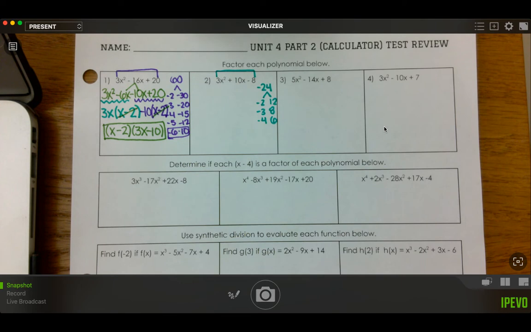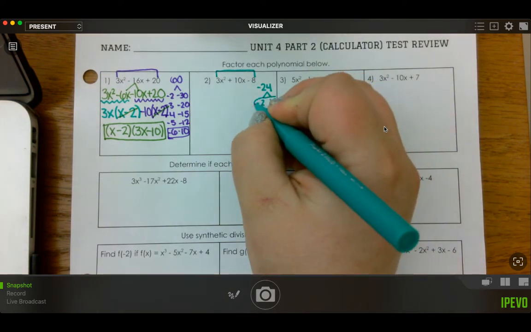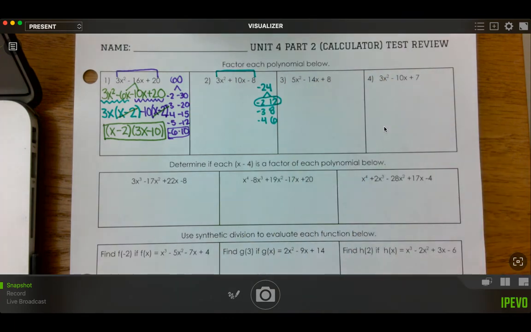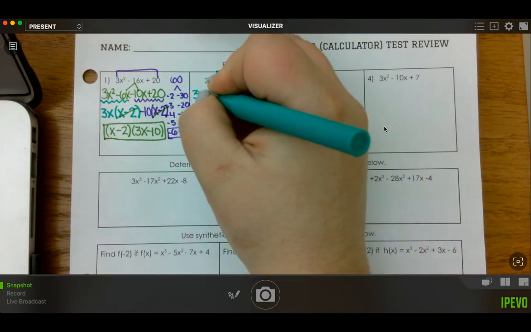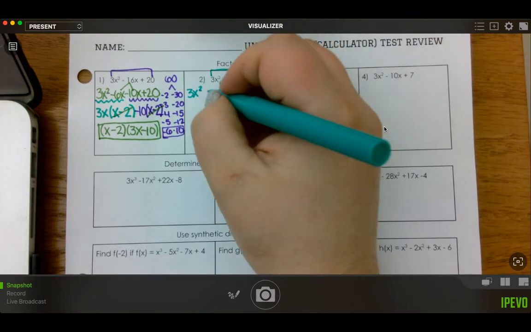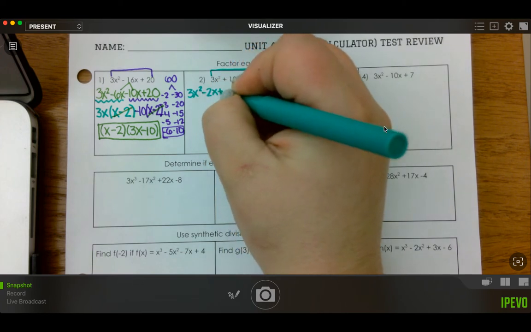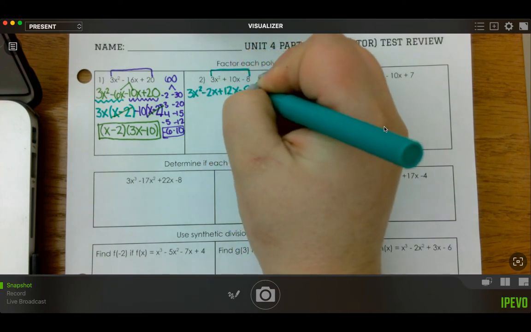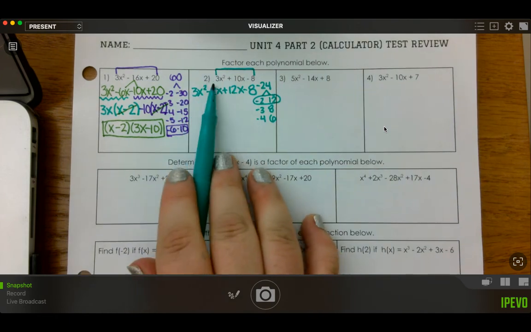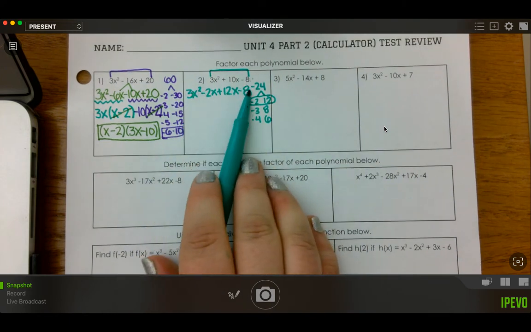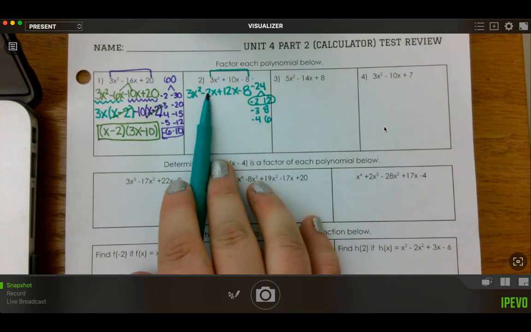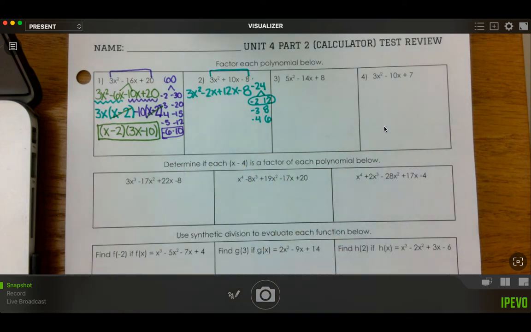And I would want to pick negative 2 and 12 because that's what adds to 10. So I would be splitting it up into negative 2x and 12x. All right, notice how these two stayed there, and the 10 just split up into negative 2 and 12.